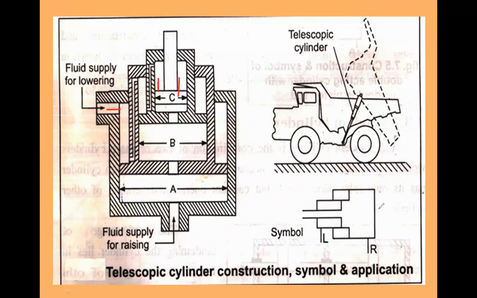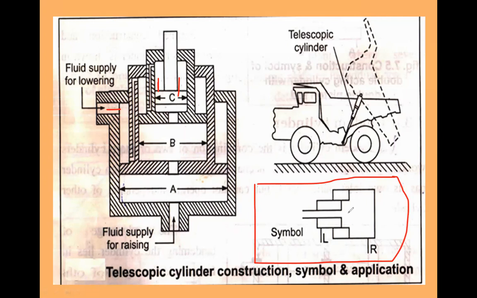As per the ISO standard, the symbol to represent this telescopic cylinder is like this. You can see a big cylinder is there. For rising, that means for lifting, we need to take fluid inside, so the fluid supply for rising is represented by R, and the fluid supply for lowering is represented by L. Lowering means the retraction stroke.